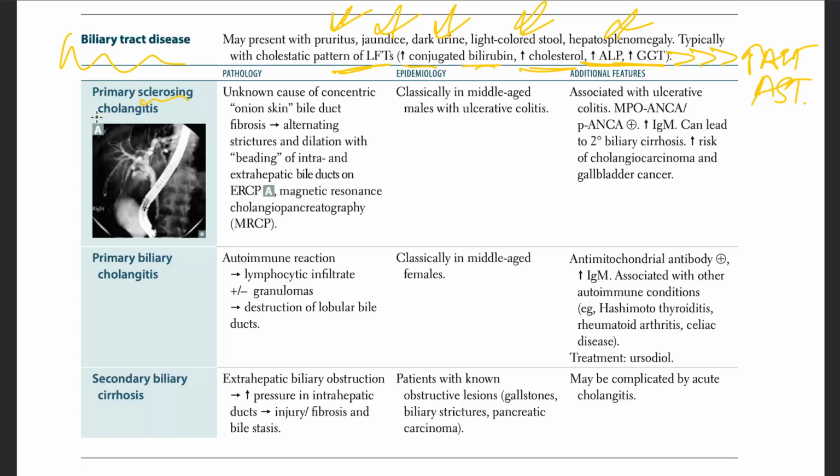Primary sclerosing cholangitis. The pathology is of unknown cause, with concentric onion skin bile duct fibrosis, which leads to alternating strictures and dilation with beading of both the intra and extrahepatic bile ducts on the ERCP.